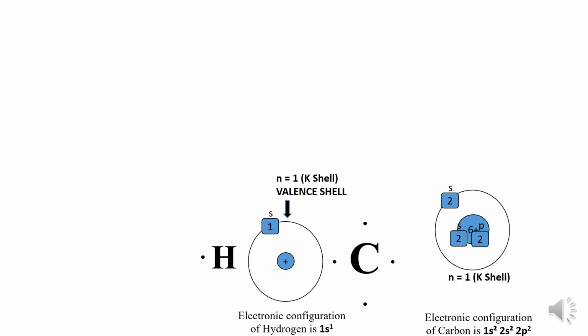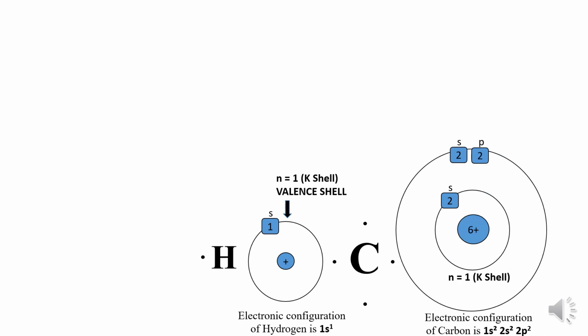So this is present in the first shell, and 4 electrons present in the s and the p orbitals in the second shell, which is the outermost valence shell in the case of carbon. So these electrons, be it s electron or p electron, orbit around the nucleus in their respective shell or energy level.